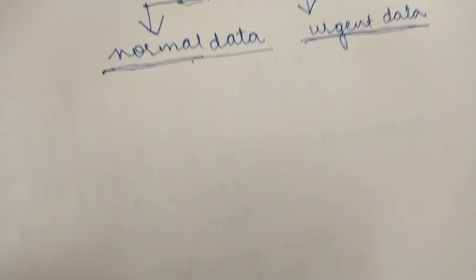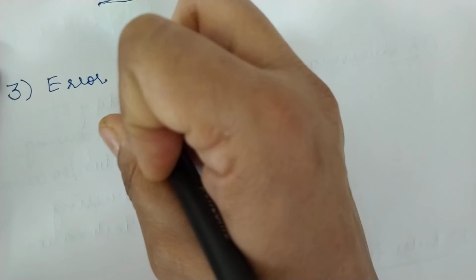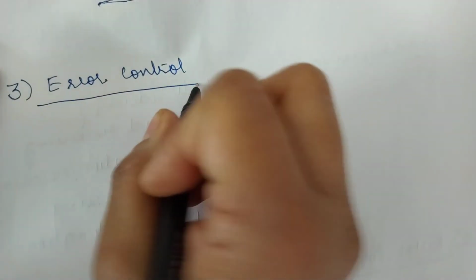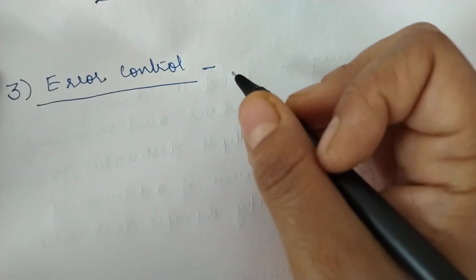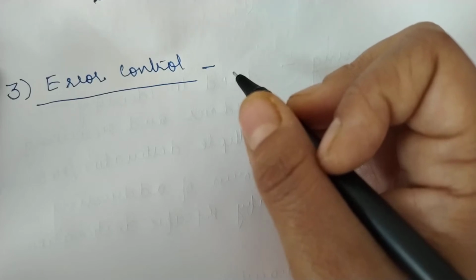Now the third issue is your error control. Now, what is error control? This is yet another important issue because the physical communication circuits are not perfect.